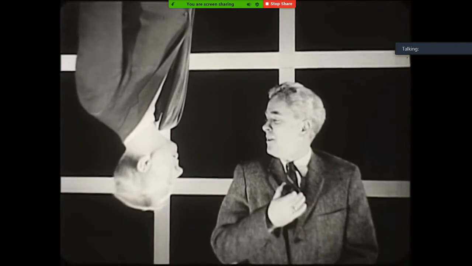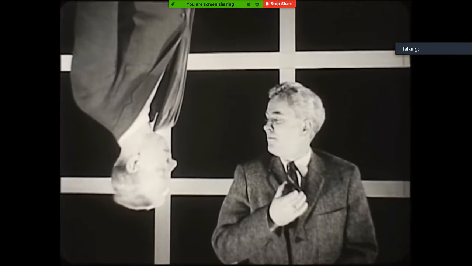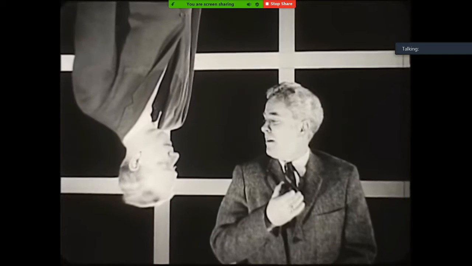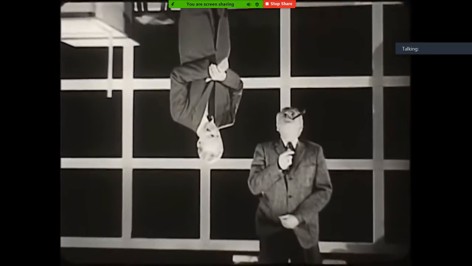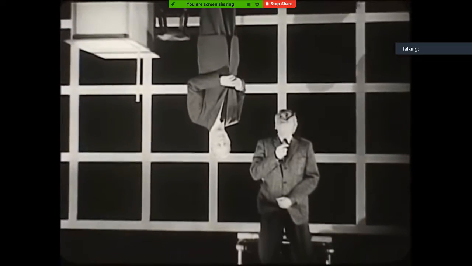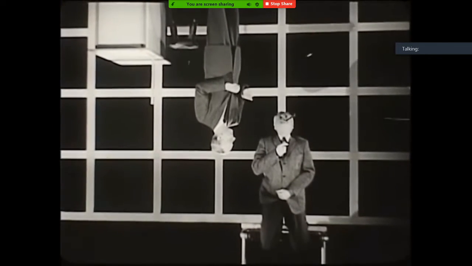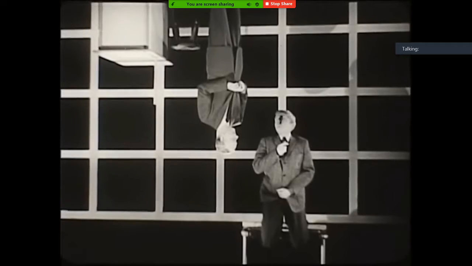No, you're the one that's upside down. No, you're upside down. No, I'm not. He's the one that's upside down, isn't he? Well, let's toss for it. You lose. He's the one that's really upside down. You better come into my frame of reference now.